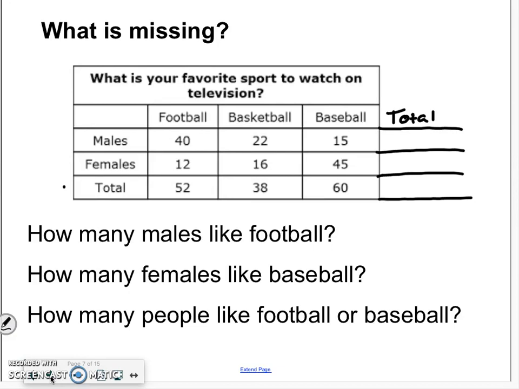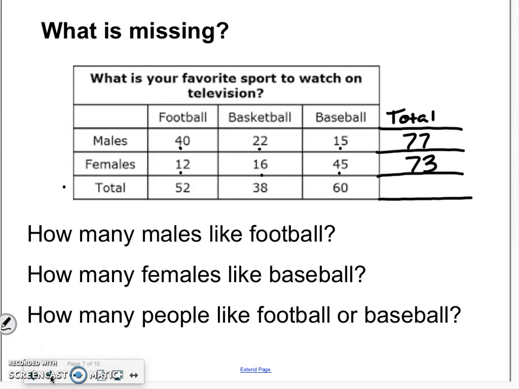So if I add 40 plus 22 plus 15, I should get 77. Then if I take 12 plus 16 plus 45, I should get 73.